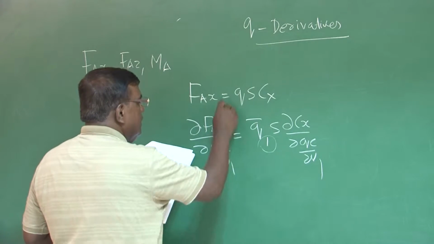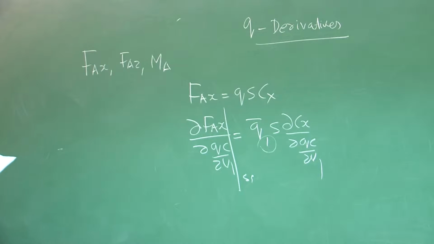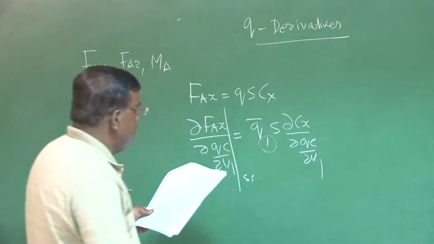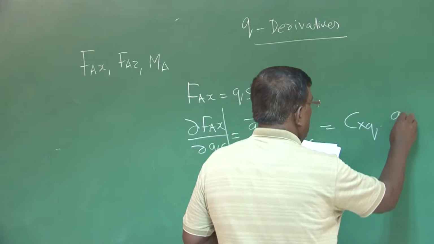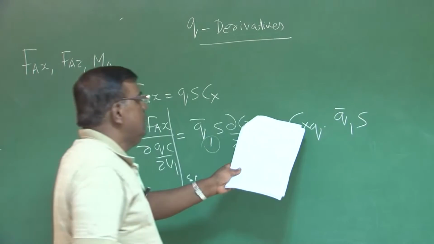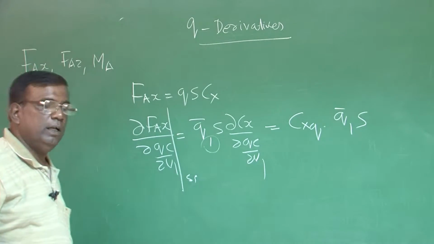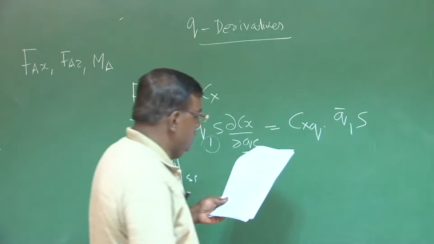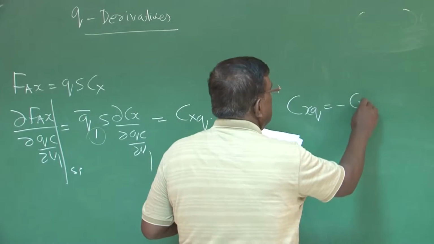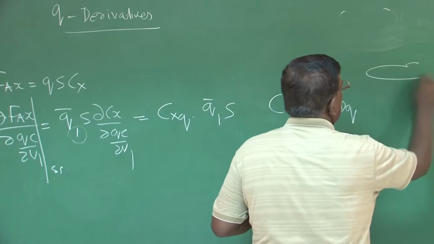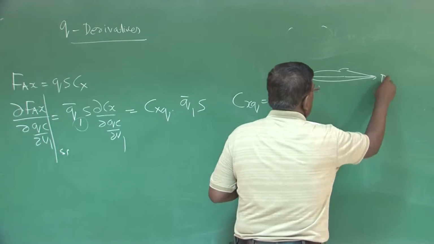This 1 again because you have to evaluate this at steady state. So, this I can write as CXQ into Q1 S. Goes without saying, CXQ means dCX by d(QC/2U1). And for small angle, you can assume that is minus CDQ, because you know the axis system we are using, x is in this direction, however, drag will be in the opposite direction.